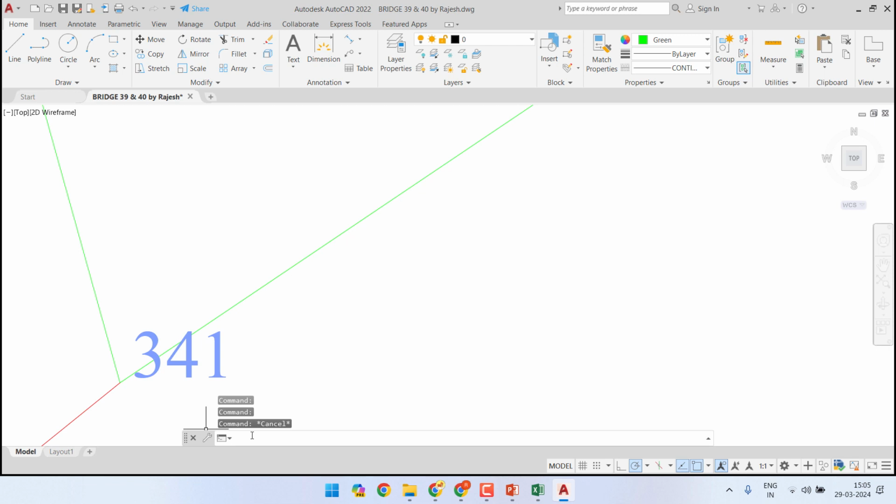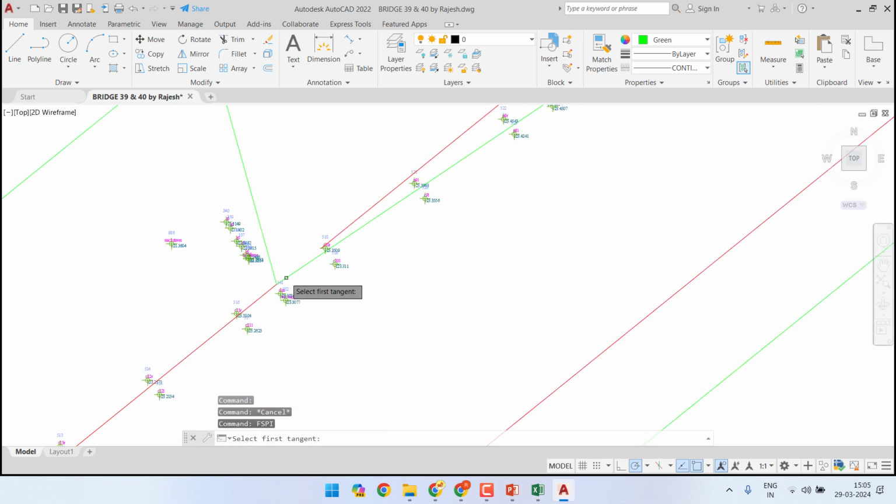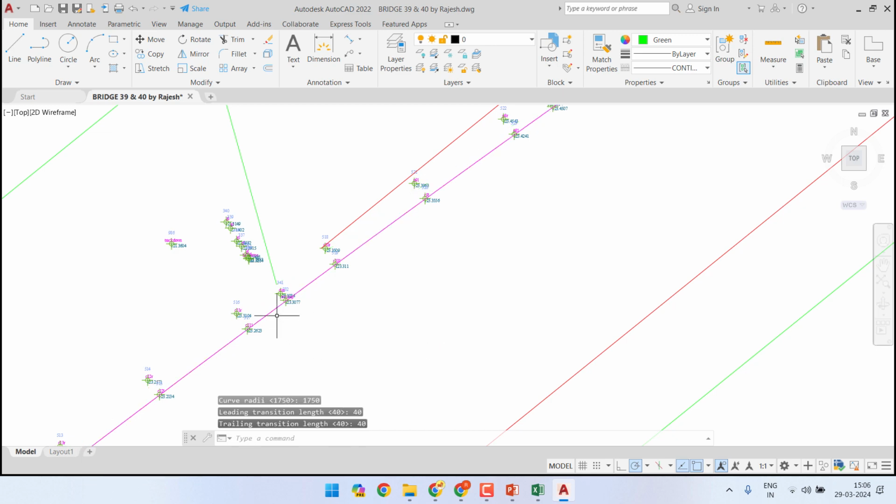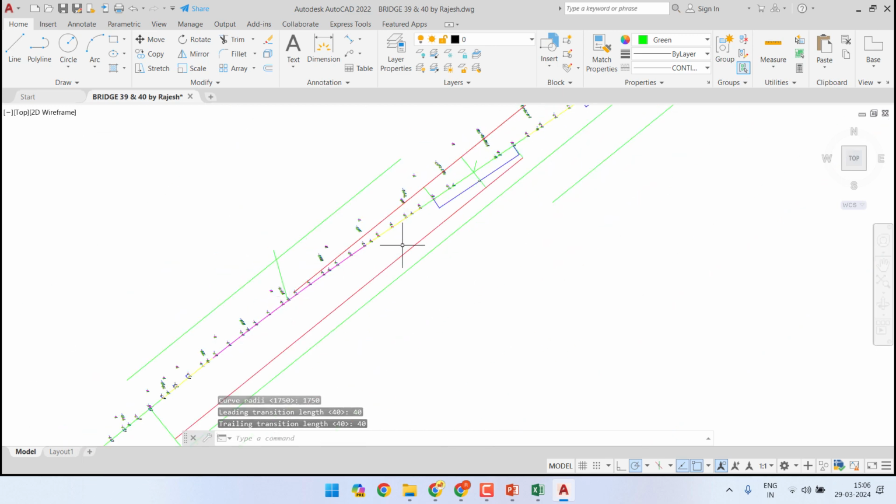We will load the command fspi. This is the first tangent we have selected, this is the second tangent. We had already ensured that the Z levels are 0 for both. We will select 1750 as the radii and 40 and 40 as the length. And now we have drawn this curve.